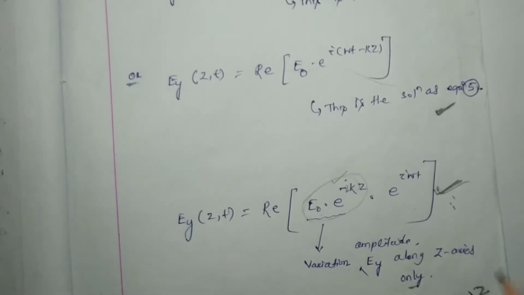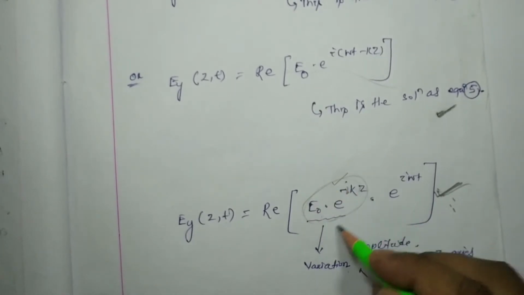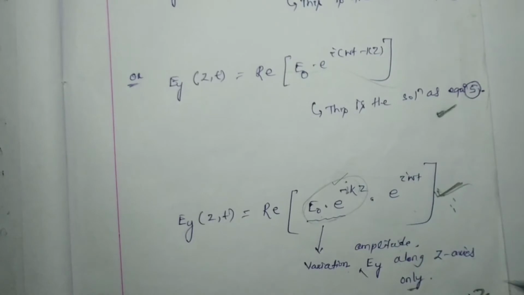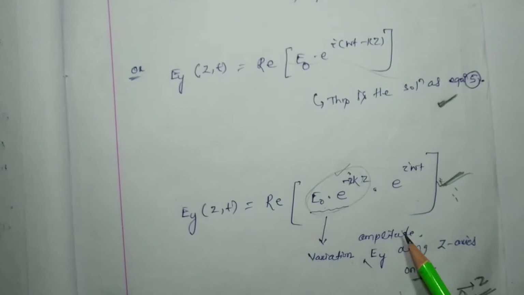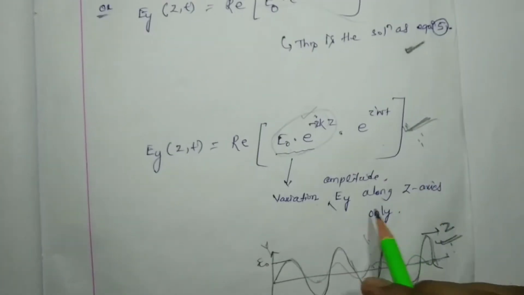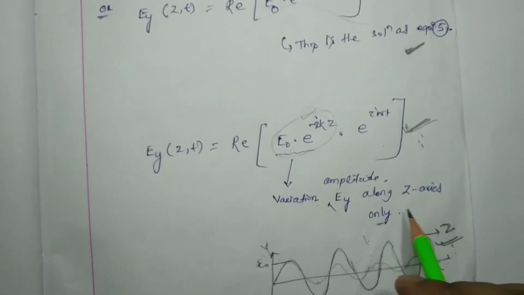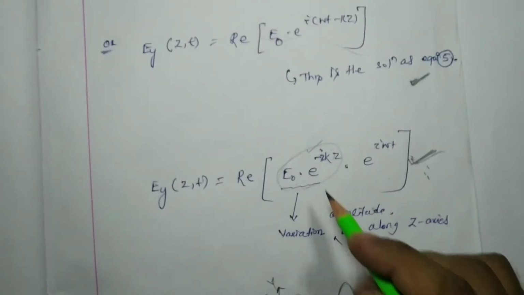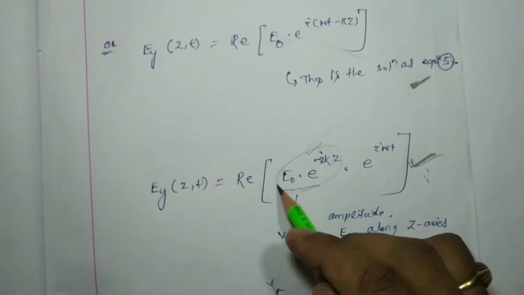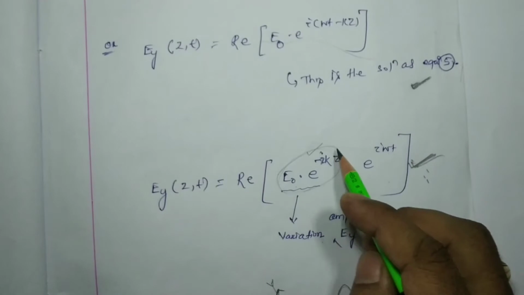Here you can see this term represents the variation of amplitude Ey along the z axis only. Physically, what does it represent?